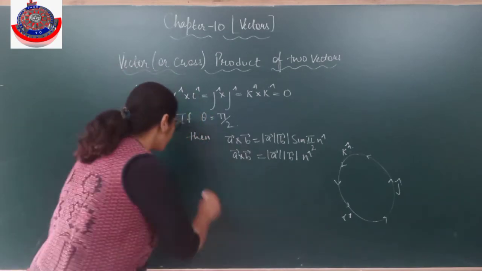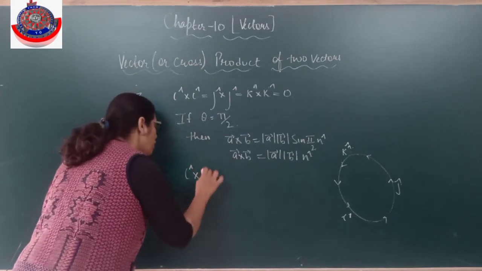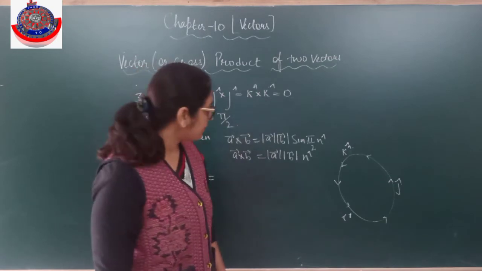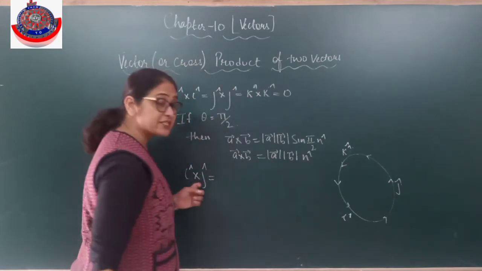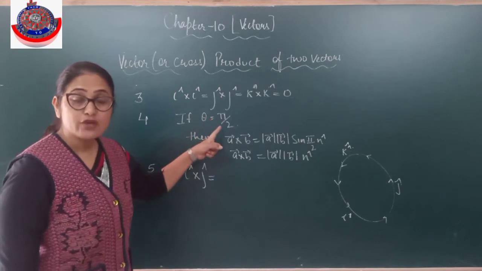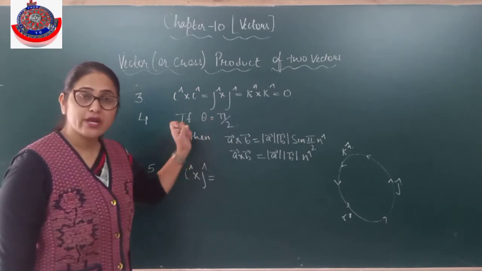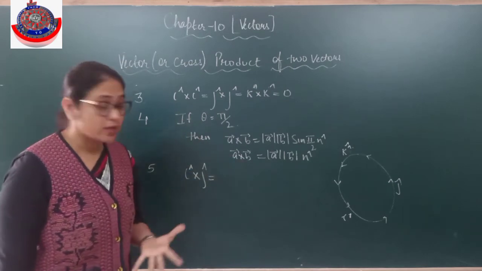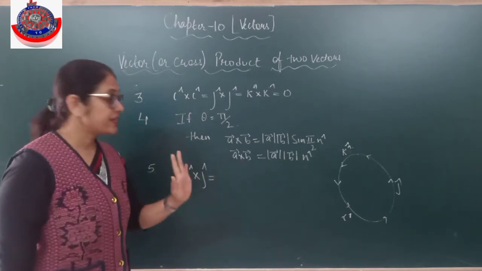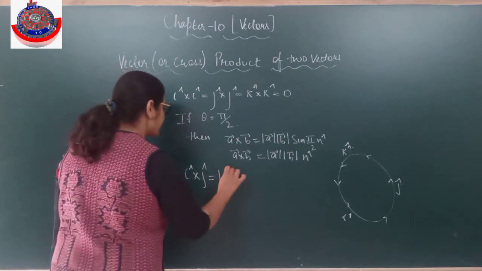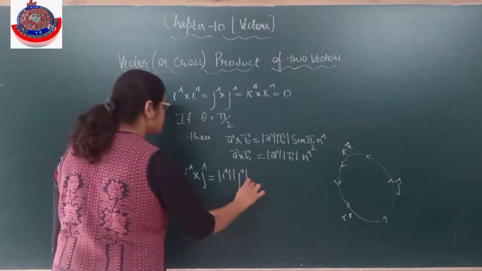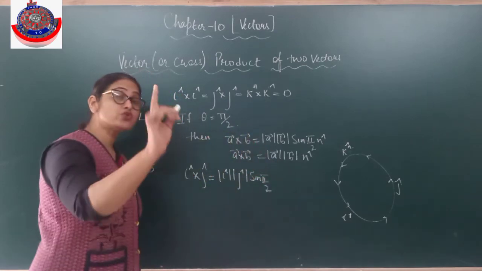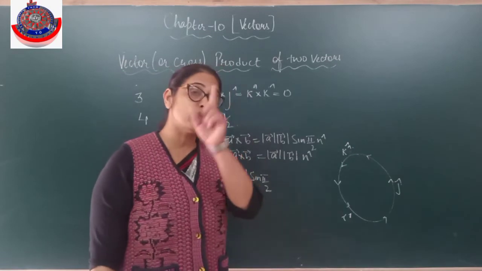Now, if I take the cross product of I cap and j cap, what will happen? I cap and j cap make an angle of 90 degrees, because I cap is a unit vector along the x-axis, j cap is a unit vector along the y-axis, and they are mutually perpendicular. So that means it will be magnitude of I, magnitude of j, sine 90 into a vector which is perpendicular to both I and j.